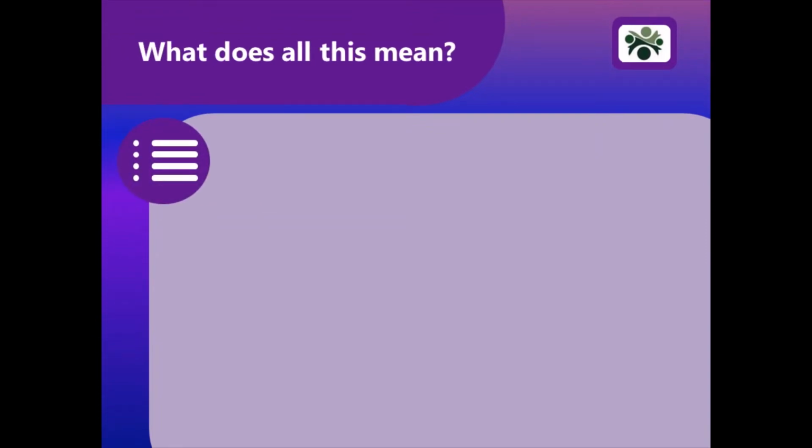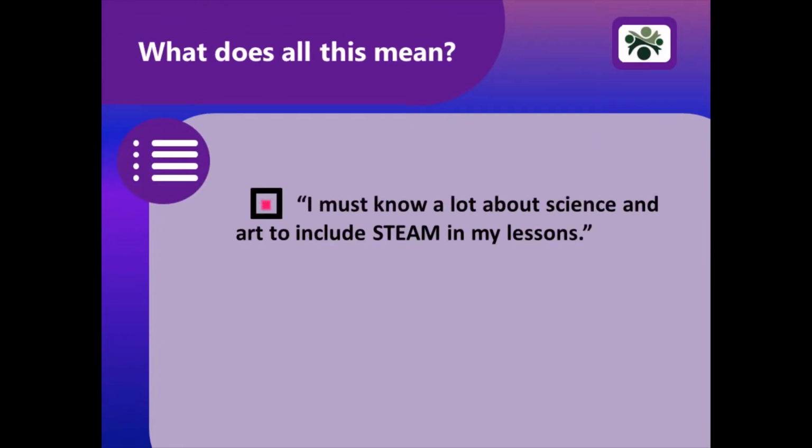Does it mean you must know a lot about science and art to include STEAM in your lessons? No, but it is a must that the activities you choose include at least 2 of the disciplines present in the acronym to be considered STEAM. As language teachers, you already deal with lots of topics that can be related to STEAM activities or projects such as numbers, shapes, sizes, distance, colors, plants, animals, the body, buildings, vehicles, the weather, habitats.